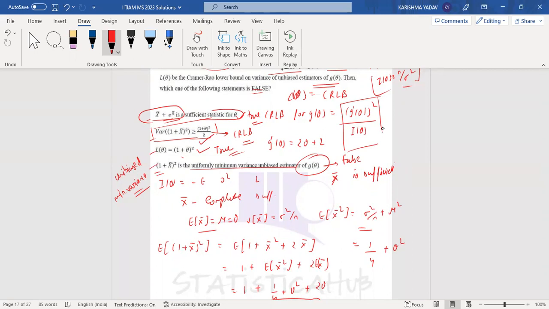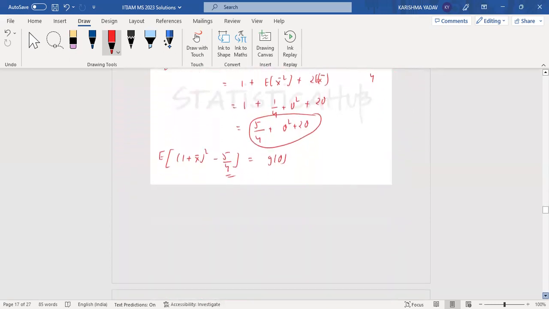You just have to calculate it, doing the differentiation like we have done for the L theta part. So this is the corresponding false statement, and my option D is false, that it is not UMVUE of g theta.